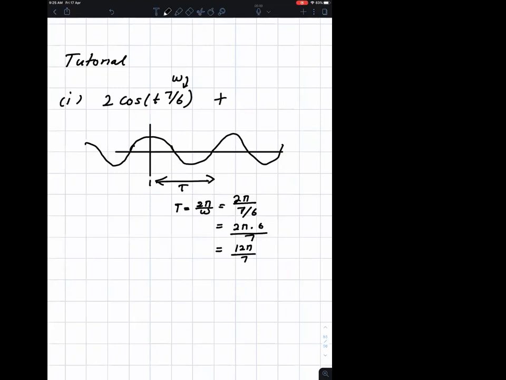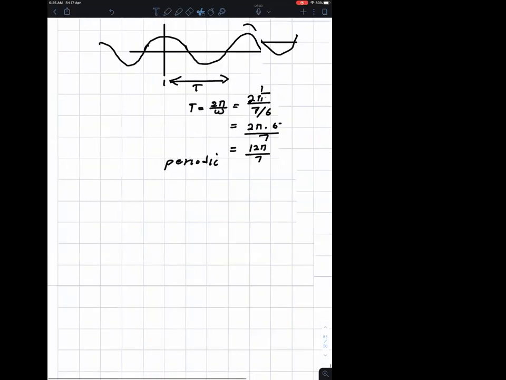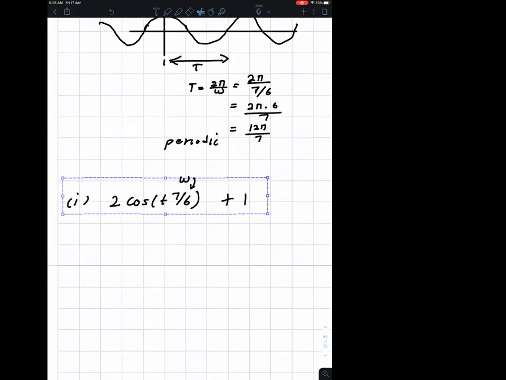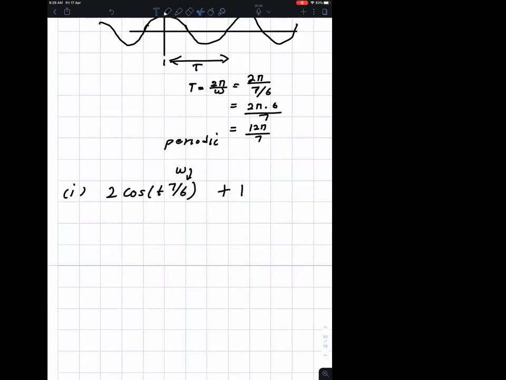How about now, if I add 1? Is this periodic? It's not periodic, sir. Why?